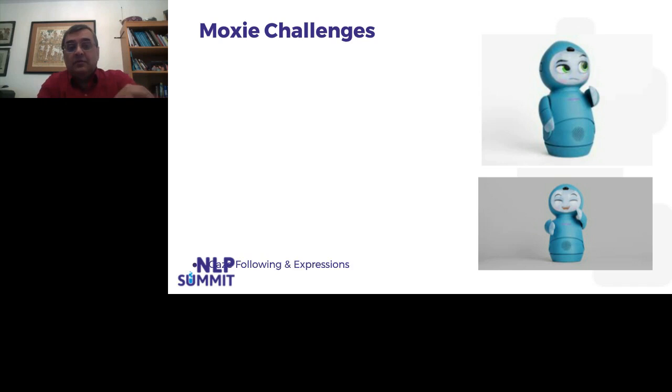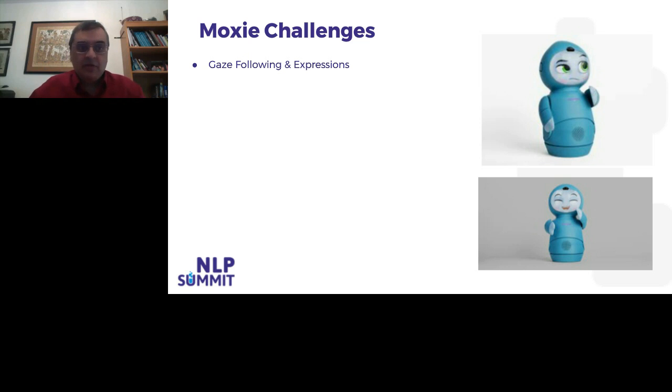So here are some technical challenges with Moxie. First, there's gaze following. So it's extremely important that Moxie be seen to be looking at you. When you're talking to it, if the other partner in the conversation is not looking at you, it's extremely debilitating to the quality of the conversation.